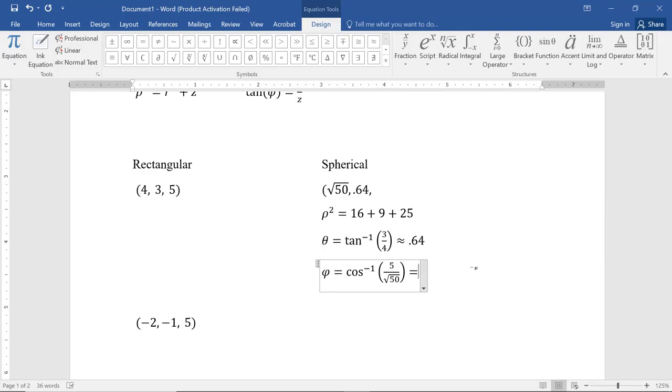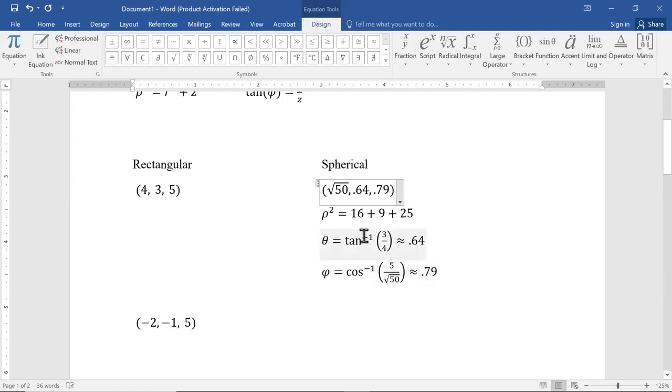Hopefully that makes sense. In other words, you get approximately 0.79. There we go.